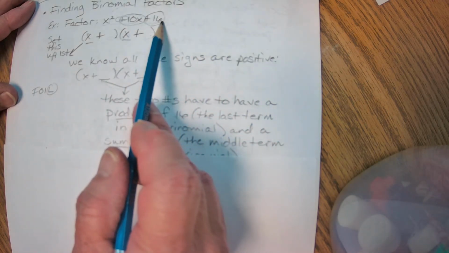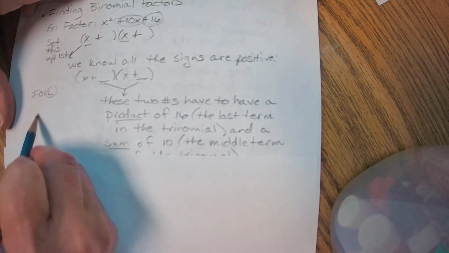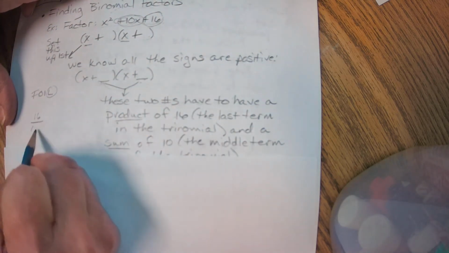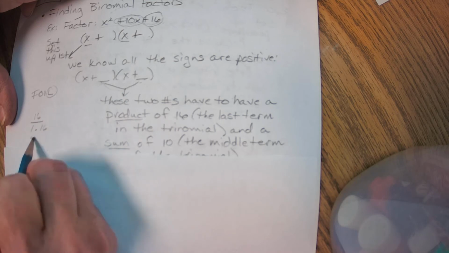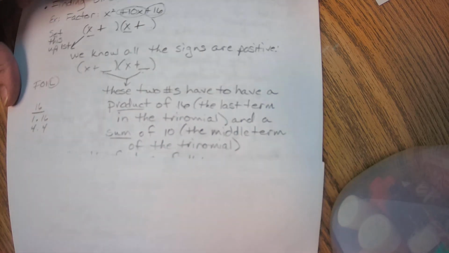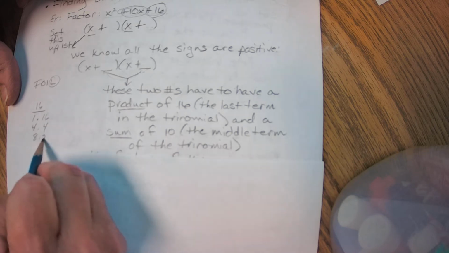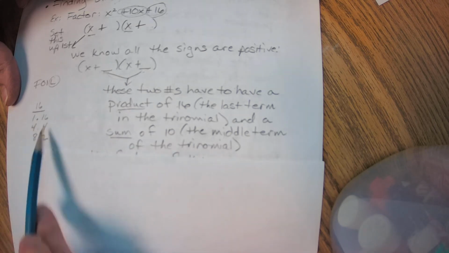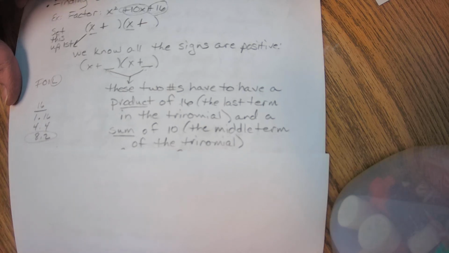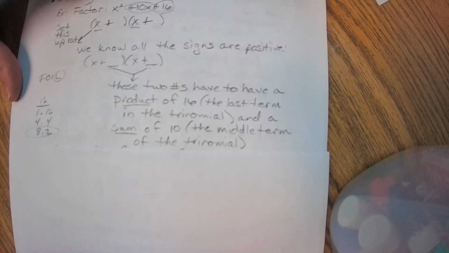So a product of 16 and a sum of 10. So you're going to look at 16, and let's factor 16. It's 1 times 16, 4 times 4, or 8 times 2. All of these products will be 16, but this is the only factorization where if I add those two together, I'm going to get 10.